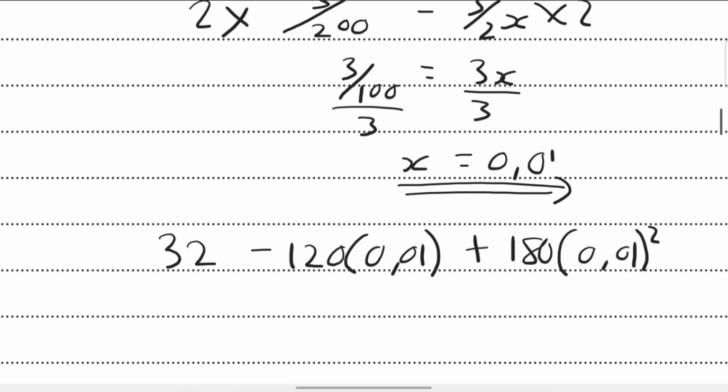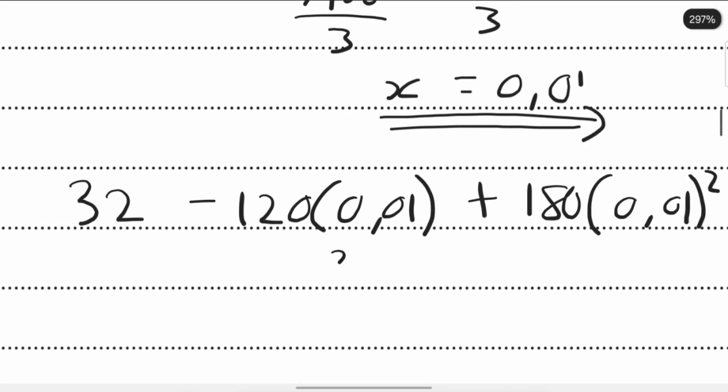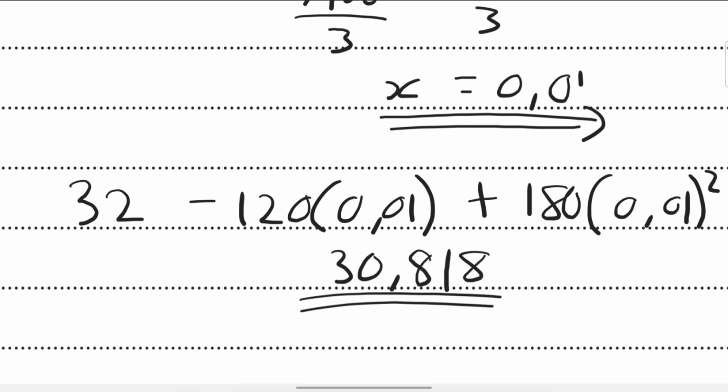Punching that in our calculators, we get 32 minus 1.2 plus 180 times 0.01 squared. We get the approximation is 30.818, right? And that would be our answer right there.